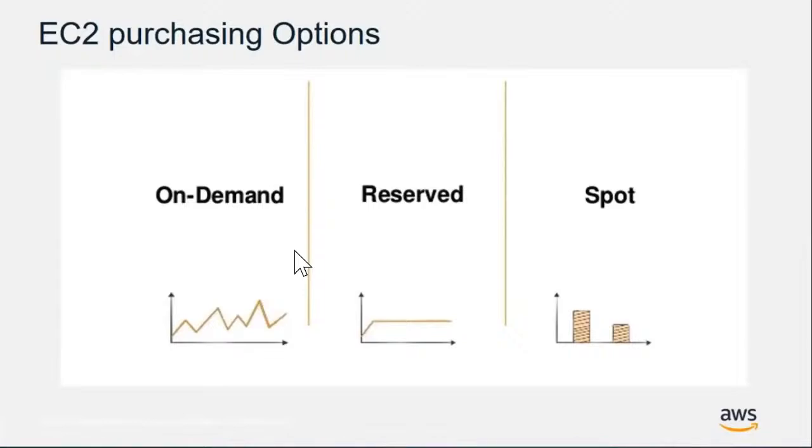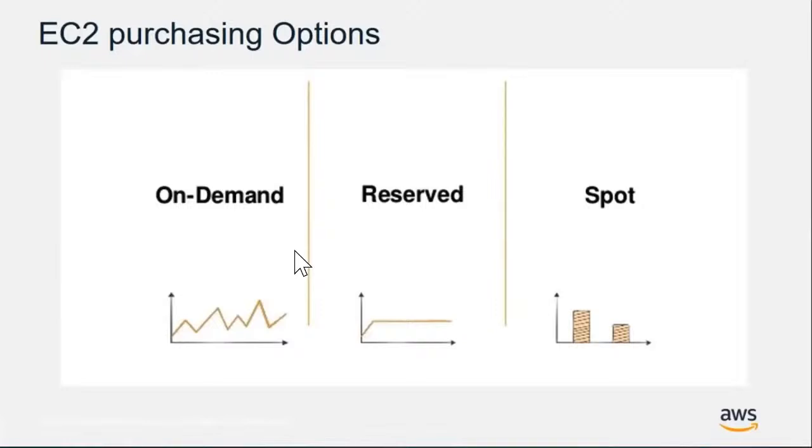The minute you shut down your machine, bills stop being generated. It's almost like running electricity: you switch on the light and your bill gets generated, and you switch it off, you are not billed.